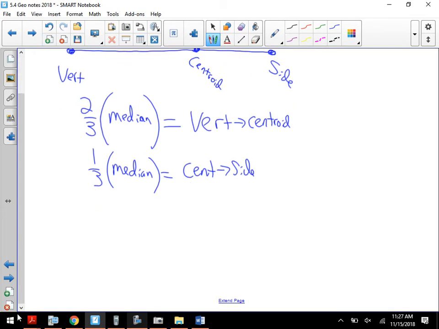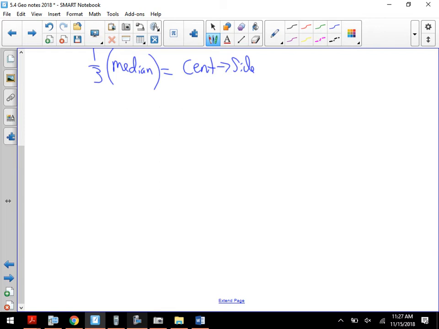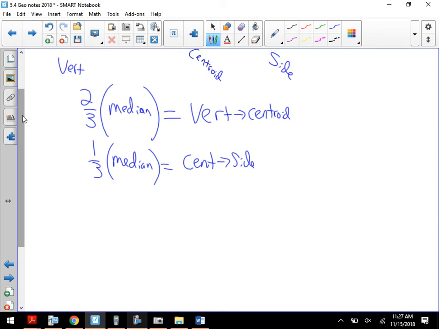What happens here, guys, is you get 4 different scenarios. Depending upon what information you have in the picture, you use one. So we know that 2/3 the whole thing is vertex to centroid, 1/3 the whole thing, centroid to side, which means if you take half of vertex to centroid, it'll equal centroid to side.